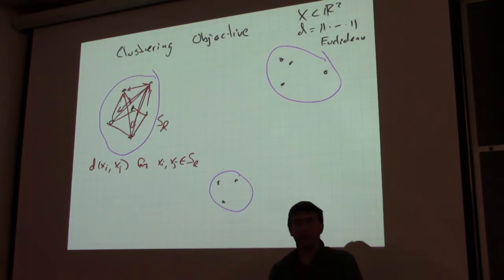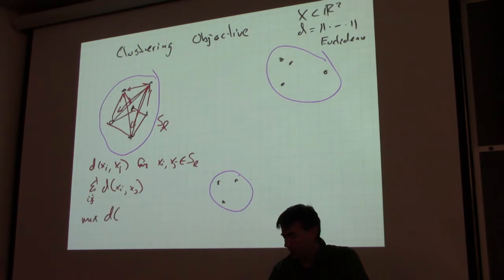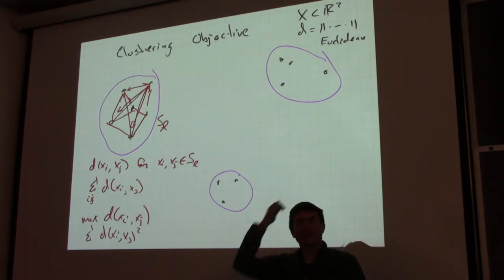These are all the points in a cluster, and we're going to look at these distances, and we'll do something like the sum over i, j of d of xi, xj, or the max of d of xi, xj, or the sum of d of xi, xj squared.